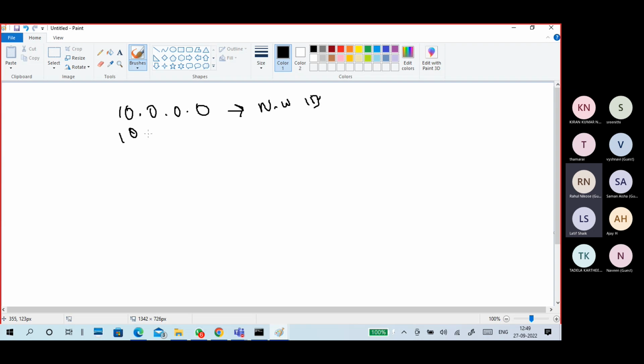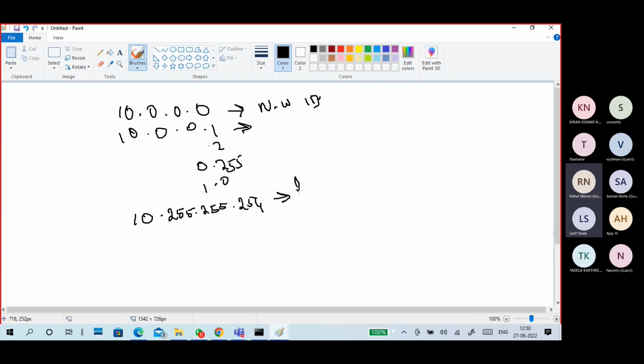The first IP address we can assign in this network is 1, and it goes 1, 2, 3, up to 1.0.255, then 1.1.0, and it goes on until the last, 10.255.255.254.